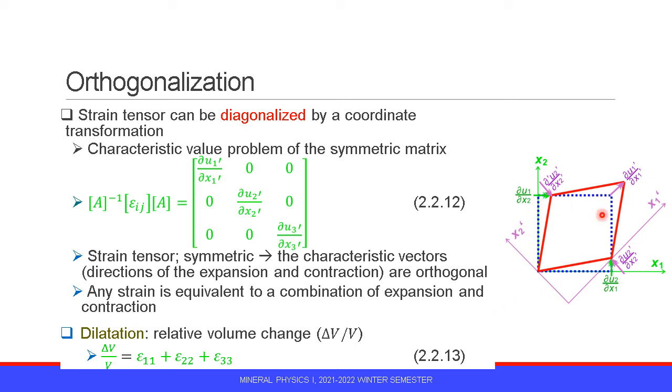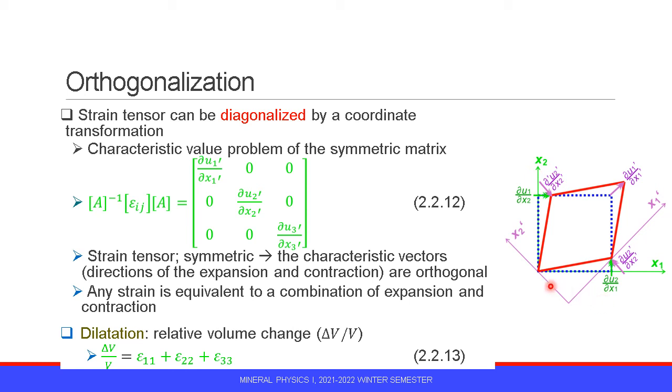This figure expresses such a case. This square drawn by blue dotted lines is deformed into this diamond with solid red lines. The coordinate before deformation is expressed using x1 and x2.